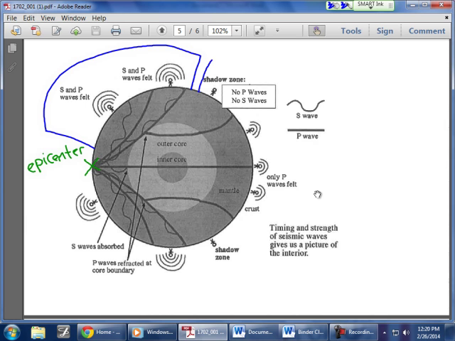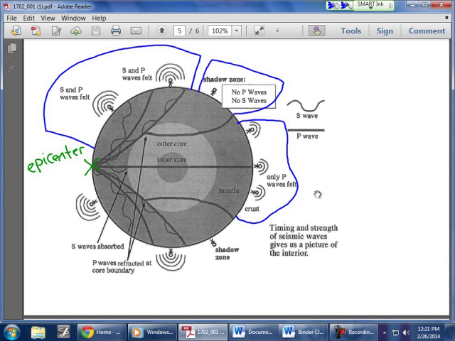Then there's this area. Go ahead and break these up like I am, guys. What I'm trying to do is group certain regions together. I'm not going to talk about the shadow zone yet, but I do want to talk about this region down here. In this area, only P waves are felt. How come? Because on the opposite side of the Earth, they're through the outer core. What happens to S waves?